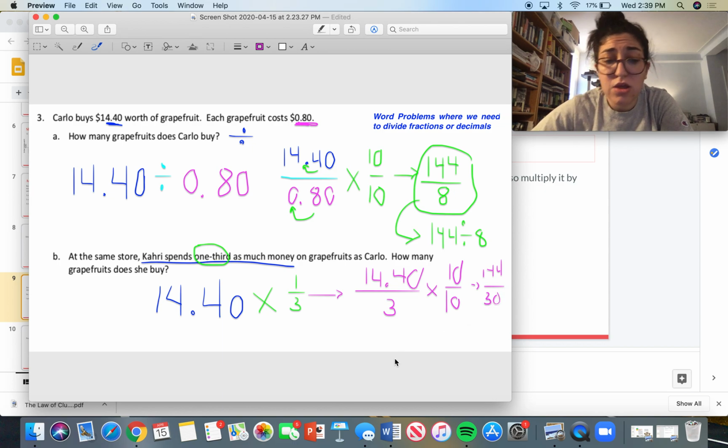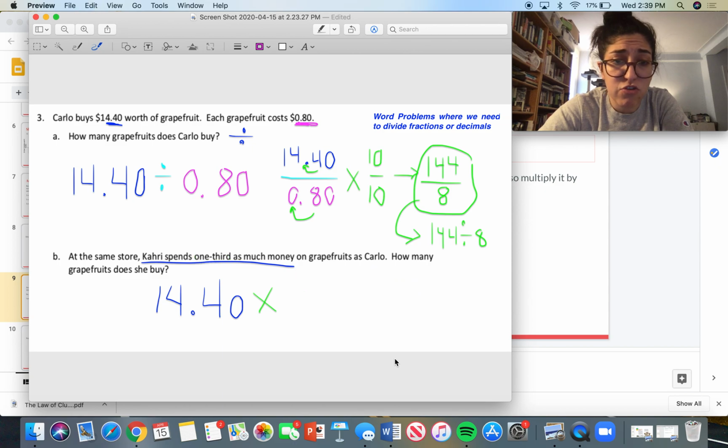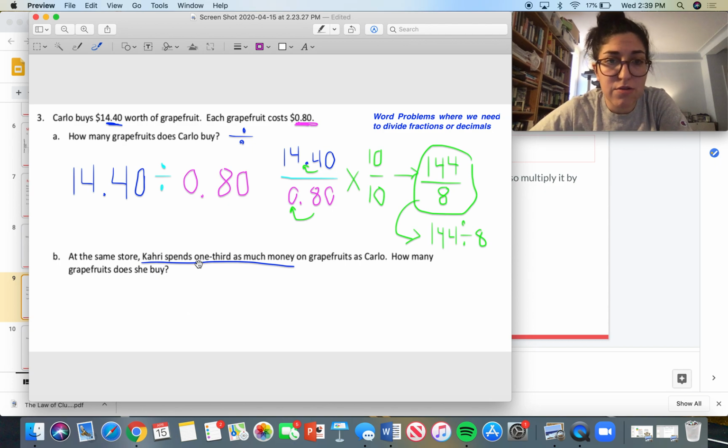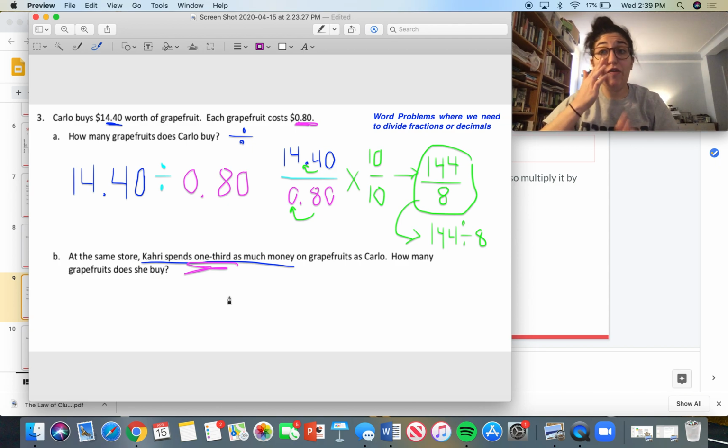All right? The other way you can think about this bottom part, and I'm about to run out of time on my YouTube video, so you'll have to excuse me rushing this, but the other way I could think about this is if she spends 1/3 as much money, she's going to get 1/3 as many grapefruits as him, right? It follows logically. If I spend 1/3 as much, I will get 1/3 as many.